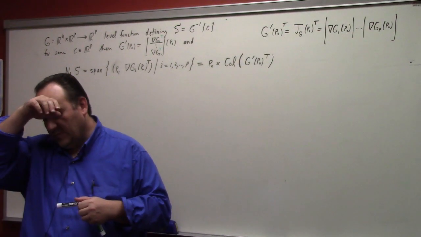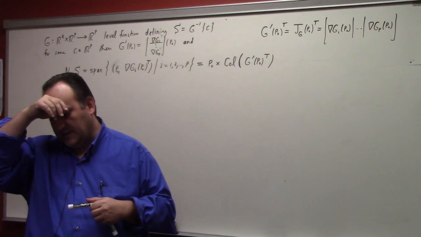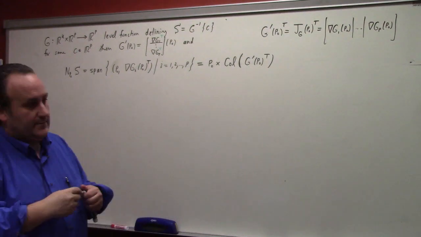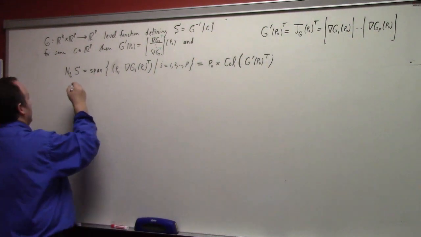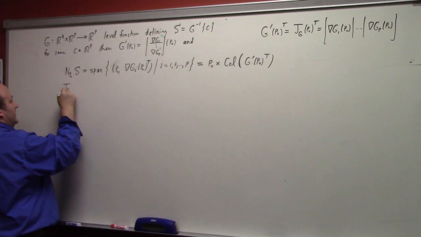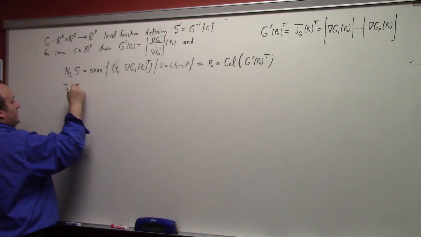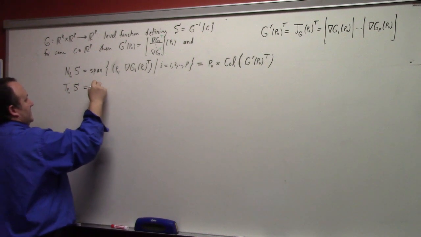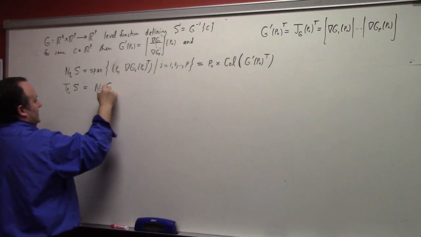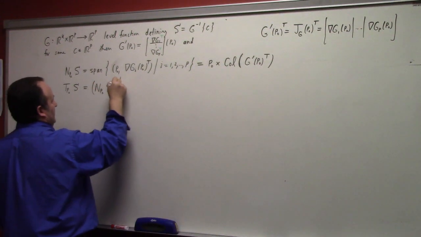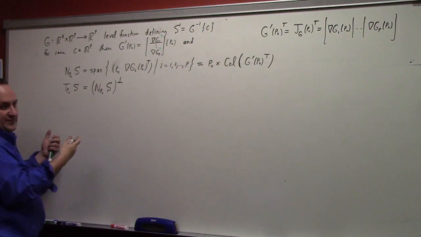And then what's trickier is defining the tangent space. But we can work out that the tangent space at P naught of S is the normal space at P naught of S, perp, by definition. That's actually the definition.